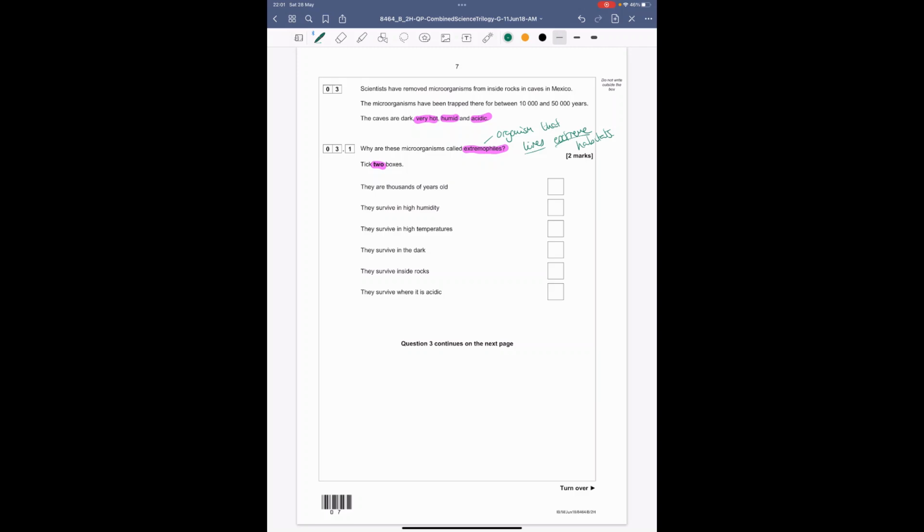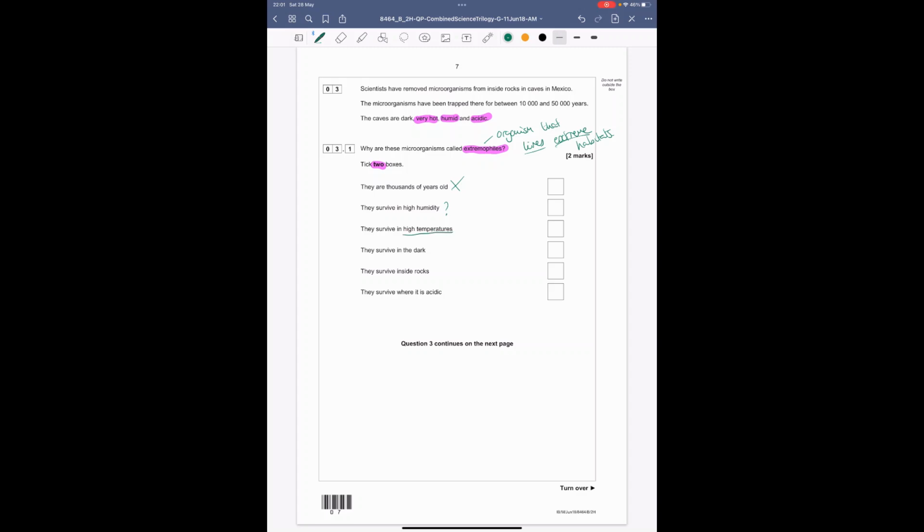Okay, so let's have a look at the reasons, and we're thinking, how do they link to this definition? Is it because they are thousands of years old? Not quite, no, that's nothing to do with their habitat. They survive in high humidity. Well, that's to do with water levels in the atmosphere, possibly. Let's have a look. They survive in very high temperatures.